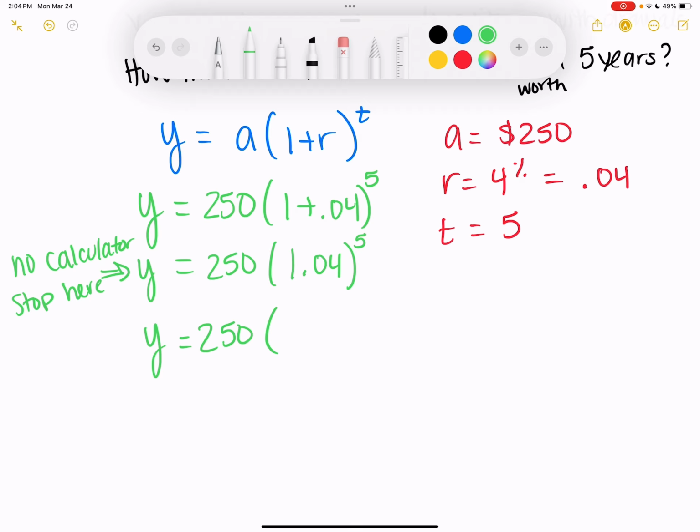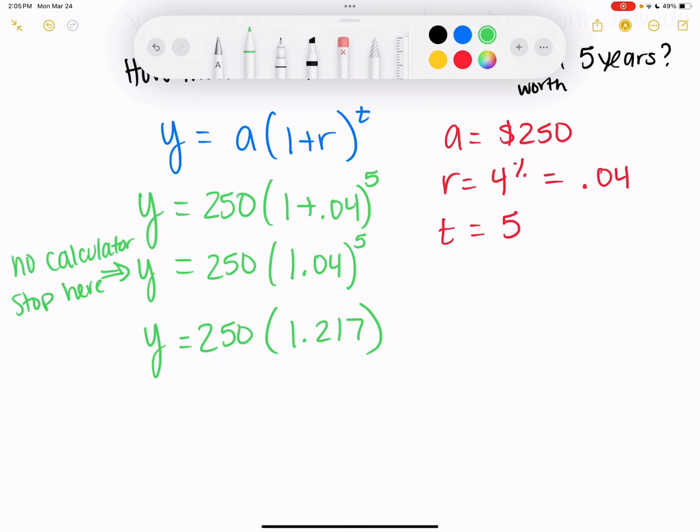So that ends up being, I know it's hard to read up here, 1.216652. It's technically money, so we usually do 2 decimal places, but at this point, before I'm done, I'm just going to say 1.217. Now, with your calculator, I can hit that multiplication button again, and multiply it by the 250.